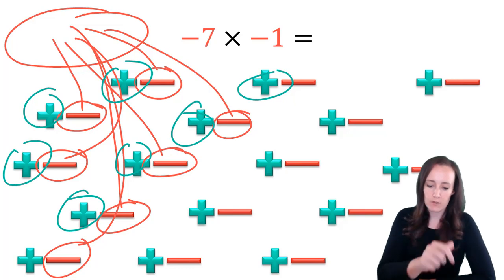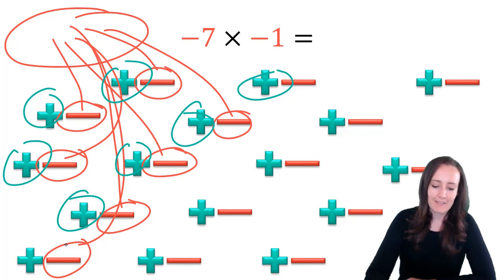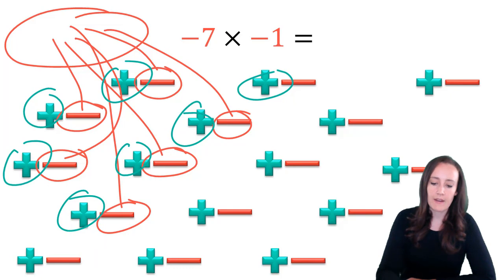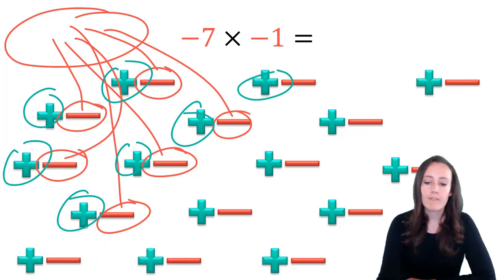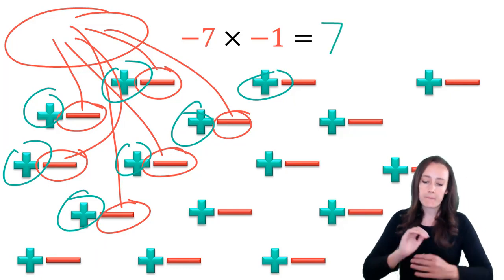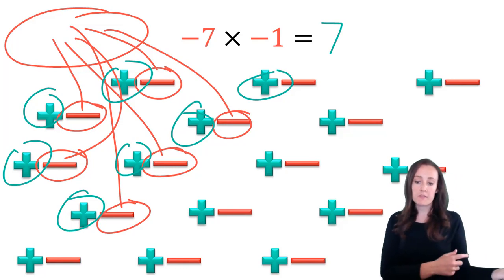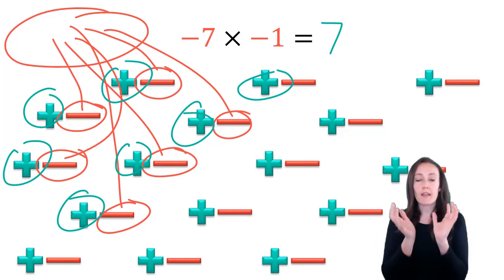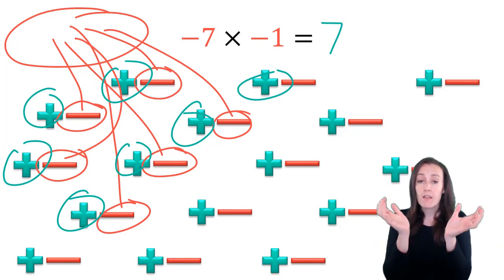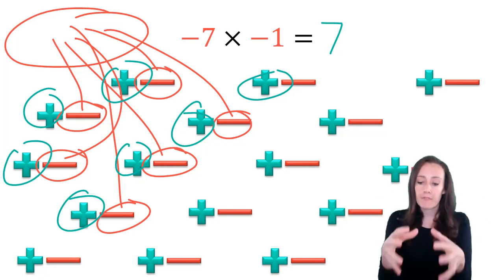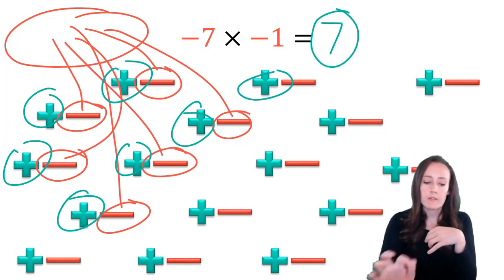Whoops, I think I did too many. I'll erase that. That part shouldn't have been taken out. But basically, I have 7 negatives that were taken out. And so in my situation, I now have 7 positives that are left over. So my answer is a +7.